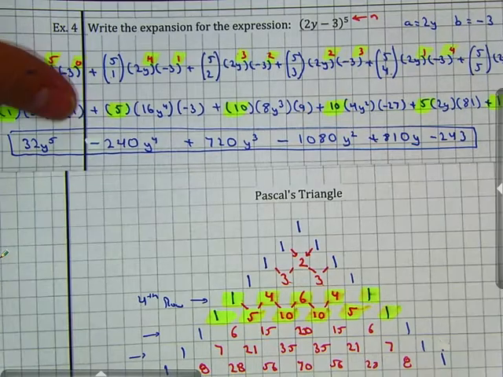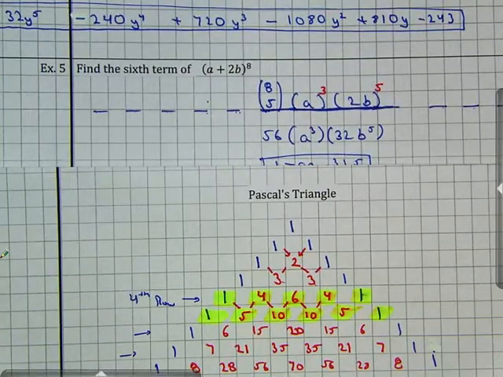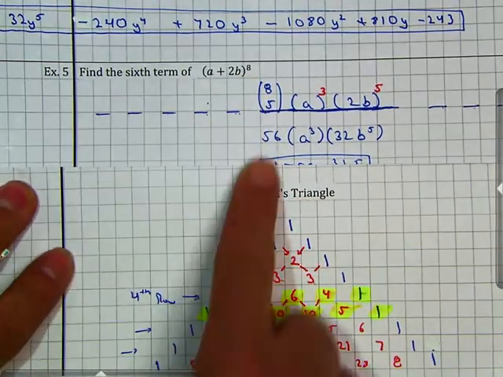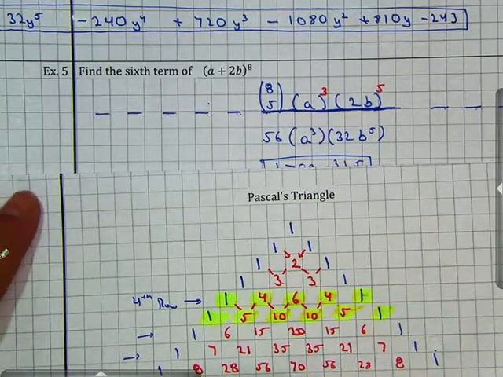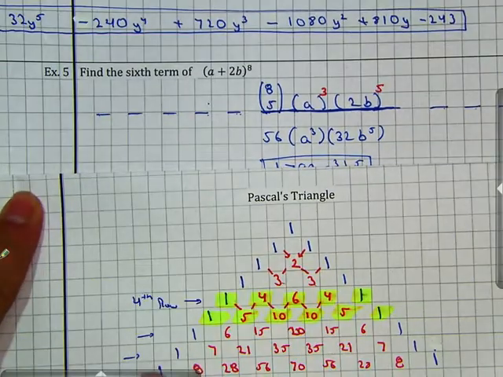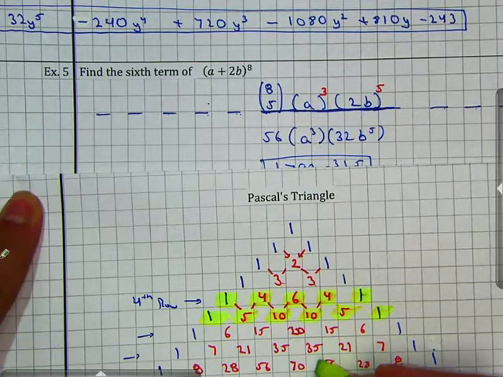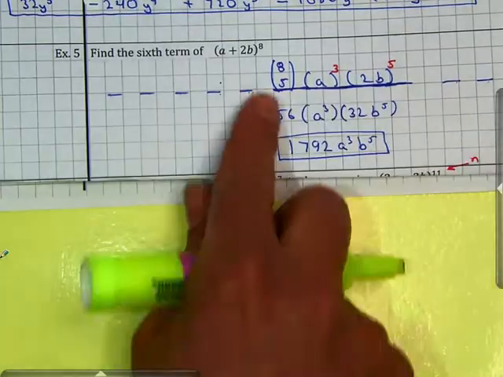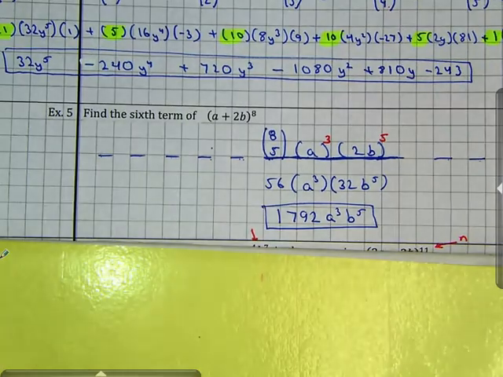And if you're looking at the last example, number 5, you'll have to develop the 8th row in order to come up with this number. On the 8th row will be your 6th number. 1, 2, 3, 4, 5, 6, the number is right here, 56. But most of the time we prefer to use a combination because for this type of problem it's a little faster, especially if you have a calculator.